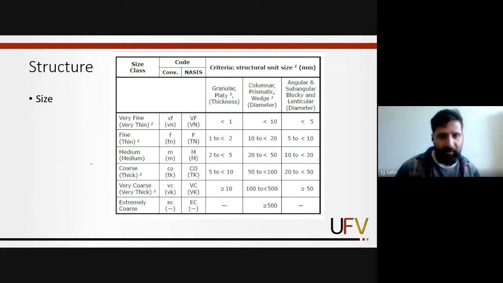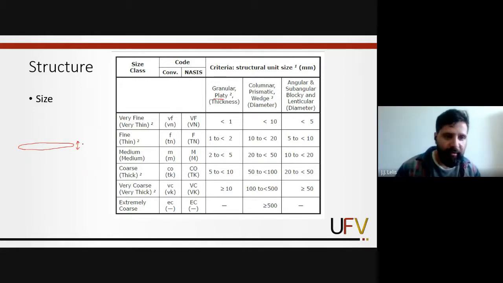It's quite easy. You just need to measure the diameter or the thickness of the material, okay? So you have a platy material, something like this. You just need to measure the thickness of this material.